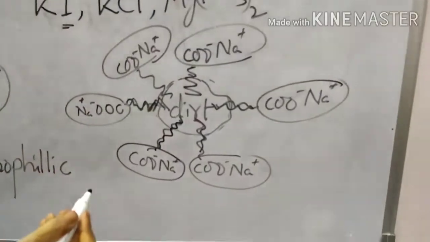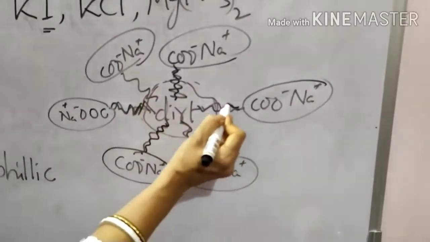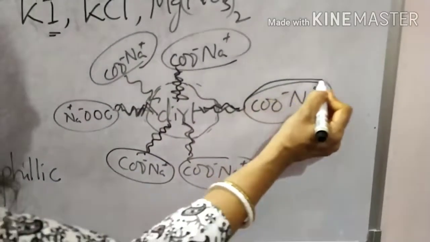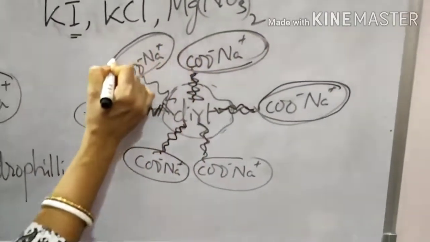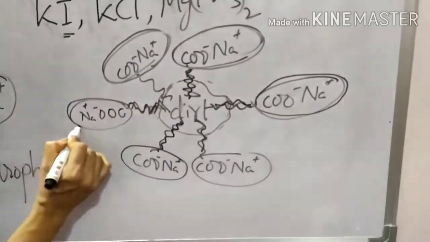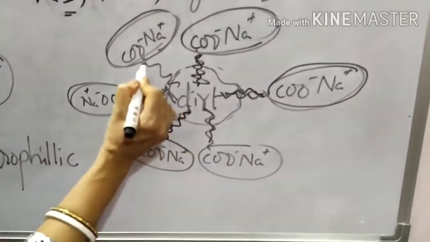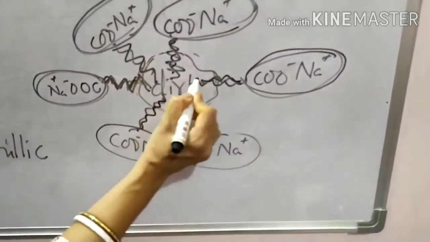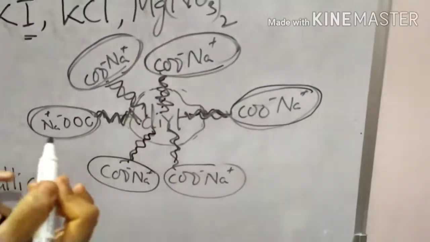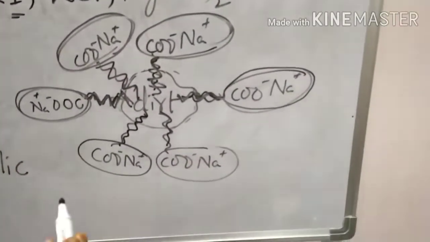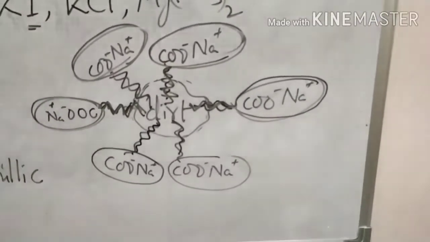And I repeat, the hydrophobic part gets inside the dirt and the hydrophilic part tries to be towards water. The charged part stays towards the water, and the fatty acid part, the hydrophobic part, goes inside the dirt, the size and mass of the dirt increases and it starts settling down. This is how the cleansing activity is done.